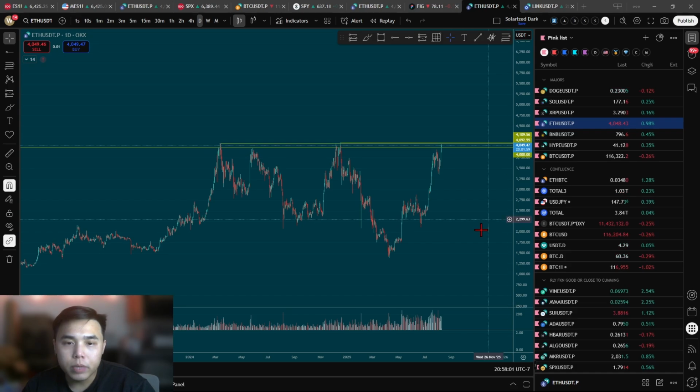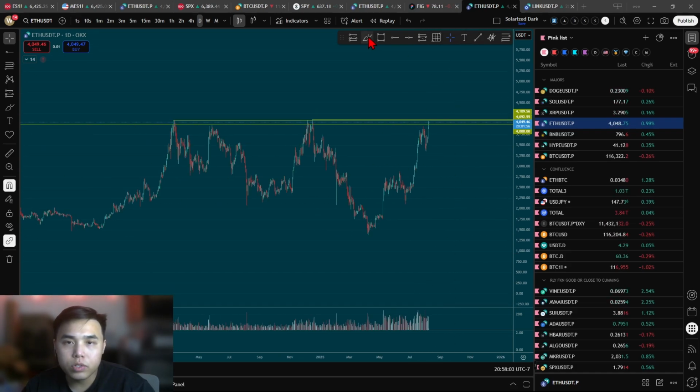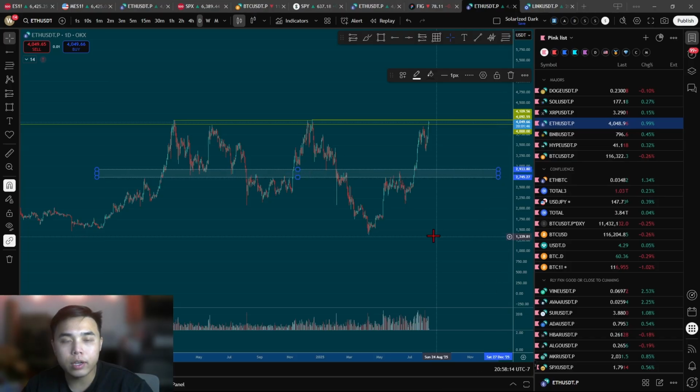Now on intermediate levels, you just take what looks obvious. Try to mentally even draw out a zone if you have to, like a rectangle, and then notice the touches. Notice the touches. And then just draw a level.